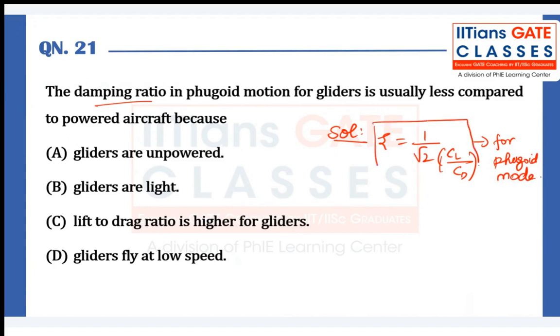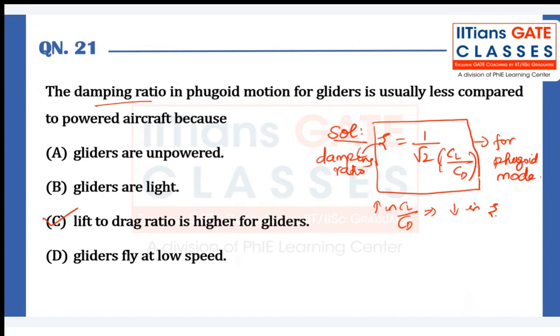Which means if I try to increase CL by CD, what happens? That results in a decrease in the damping ratio, right? Xi is the damping ratio, so please be careful. The damping ratio is less, which means the lift to drag ratio is higher for the gliders.